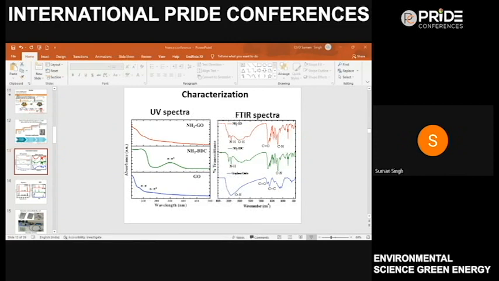Here we presented the UV spectra of aminated graphene oxide, the amine compound, and graphene oxide, and we could see the sequential changes in these materials after modification with amine. Similarly, FTIR spectra also showed the presence of amine related linkages.